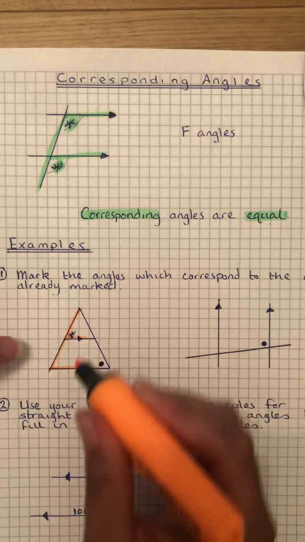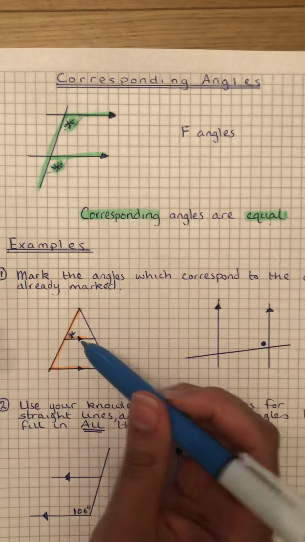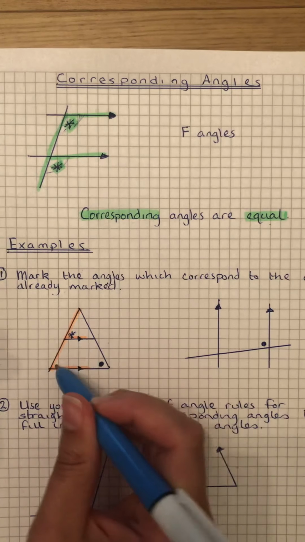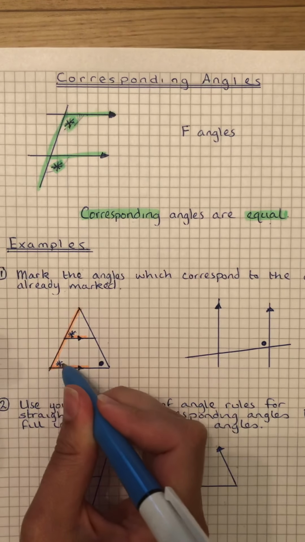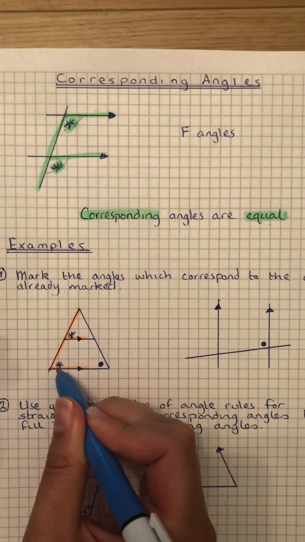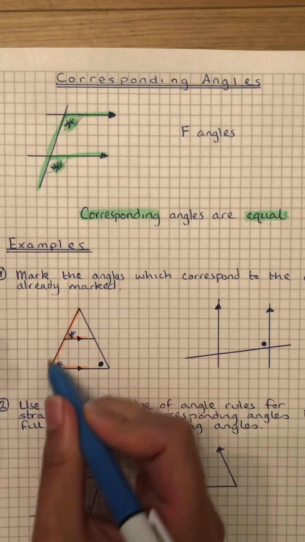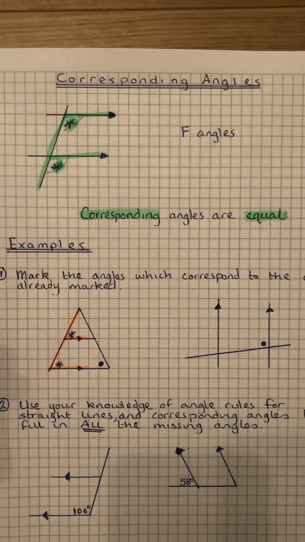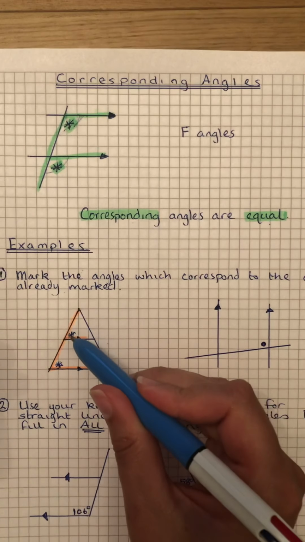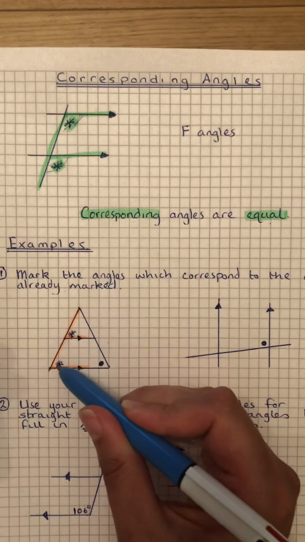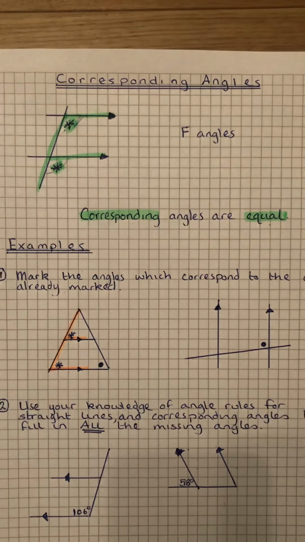So this angle here is going to correspond to this angle here because it's in the same position. It's directly above the parallel line, and it's to the right of the transversal line on the left hand side. So we've managed to fill in the corresponding angle to the star down here. So that's the one we've filled in.